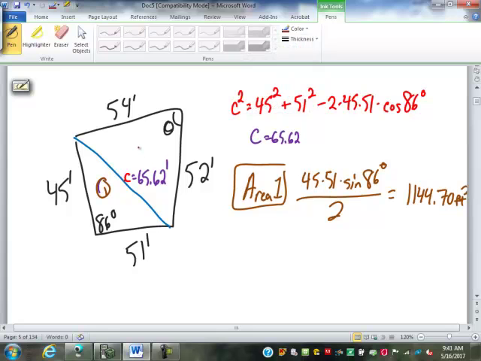The second triangle up here, I could use Hero's formula because I have all 3 sides. But I'm being asked to find this angle here anyway. So let's make it easier on ourselves and find that angle first. Hero's formula is really kind of tedious to do. It's a lot of steps.